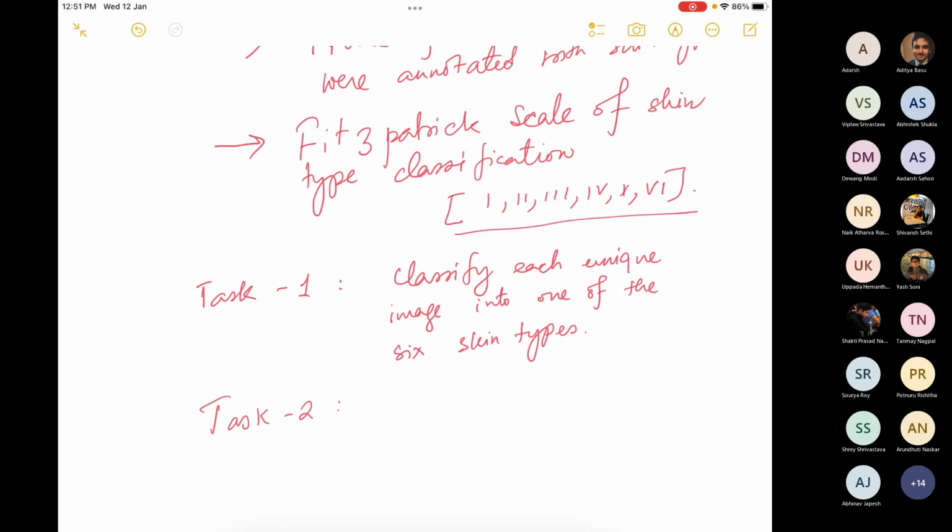These are annotation tasks. Task 2 is annotation of the gender.